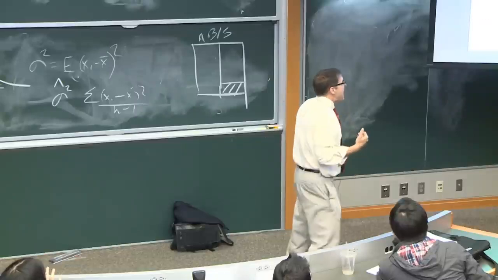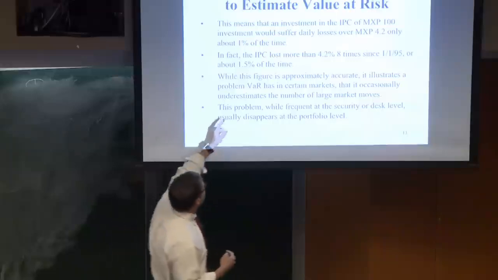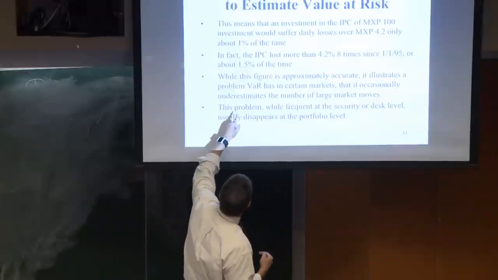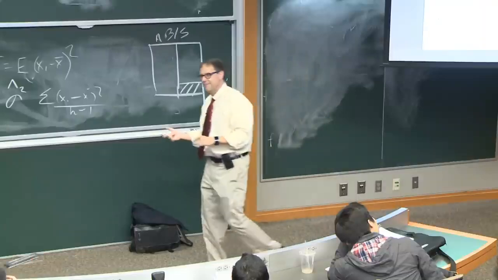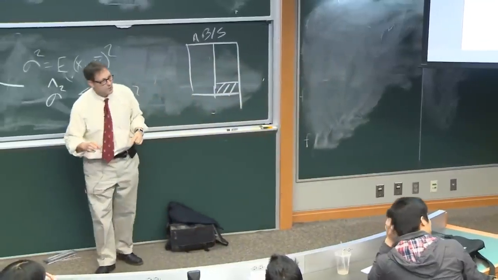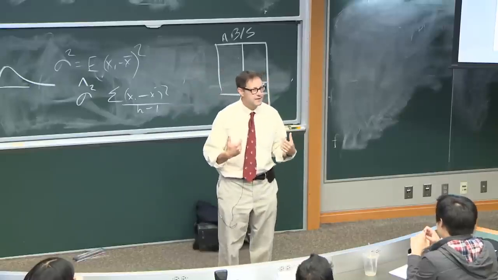All right, that's my inferential statement. In fact, over the same time period, I lost 4.2% 1.5% of the time instead of 1% of the time. What that suggests to me is my data set has fat tails.